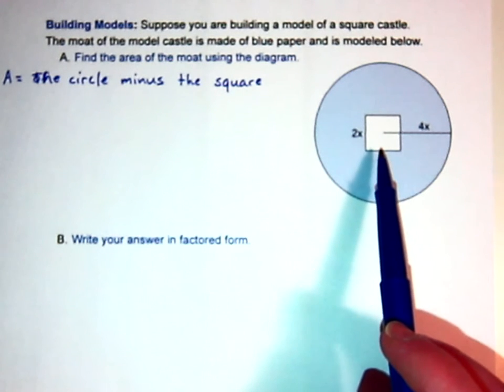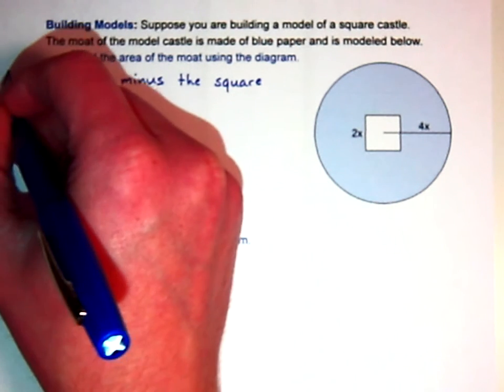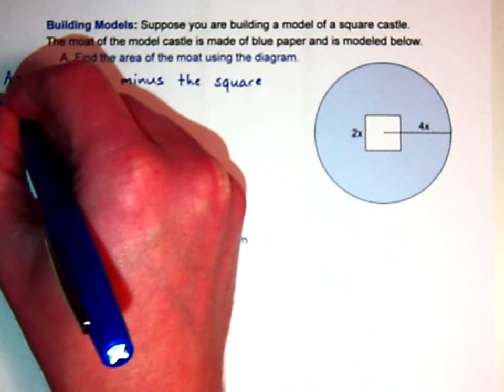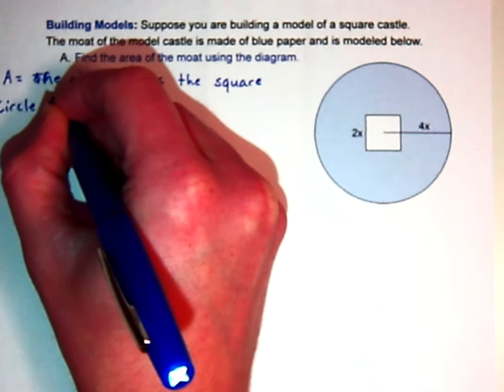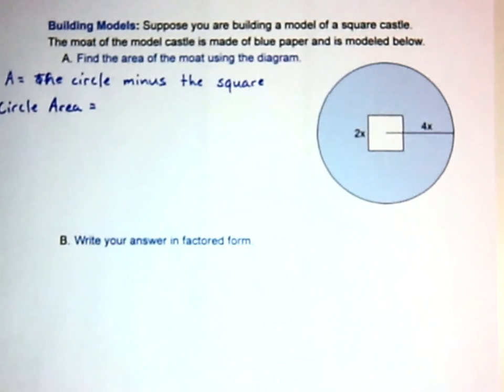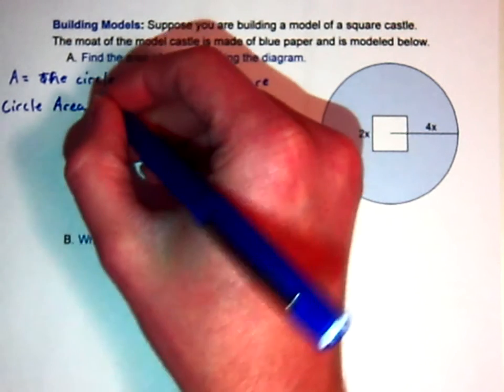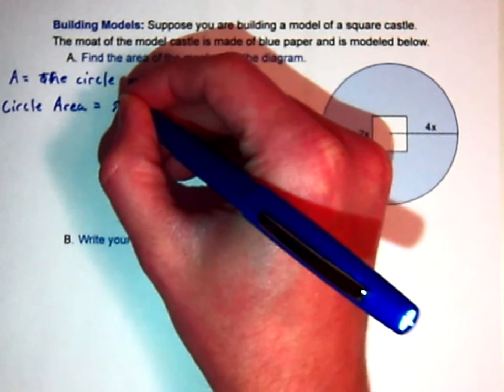So what's the area of a circle? You need to look back and think, what is the area formula for a circle? Well, that's pi r squared. For this example, I'm going to leave pi as just a symbol rather than multiplying it out.